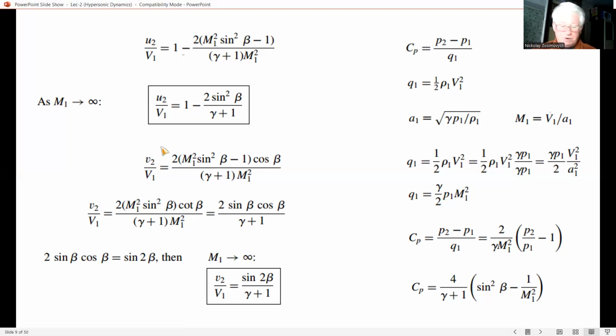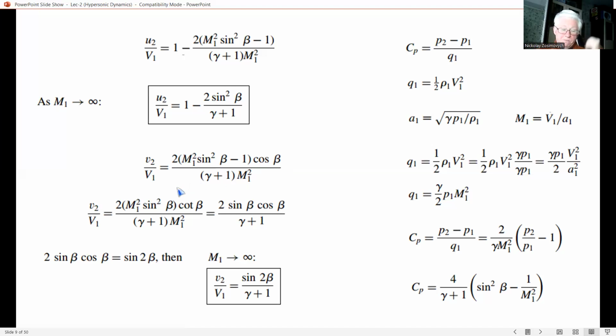The next expression is the relation for v2 over V1. As you can see here, it is 2 times the bracket M1 squared sine squared beta minus 1 times cosine beta in the numerator. In the denominator, we get the same two components as in the first expression, gamma plus 1 times M1 squared.